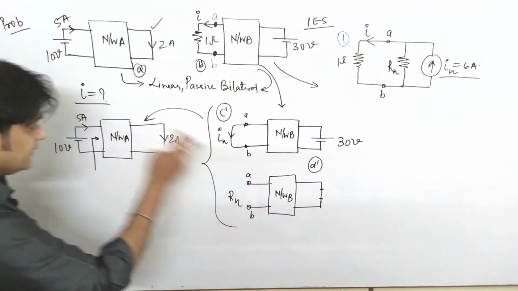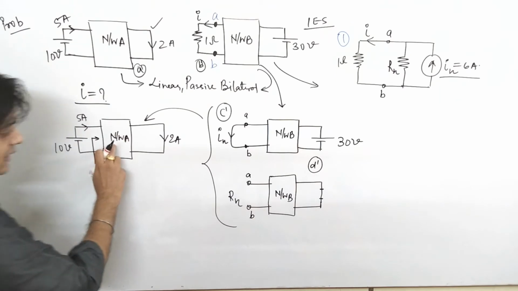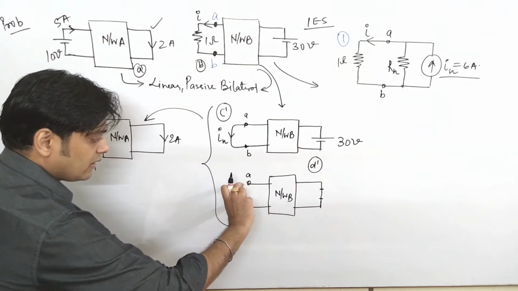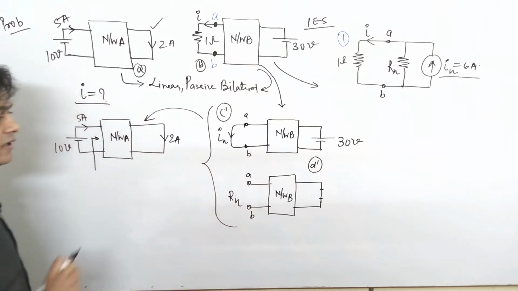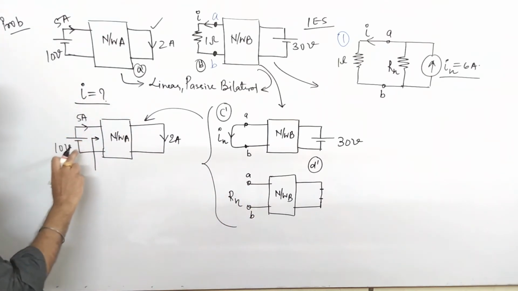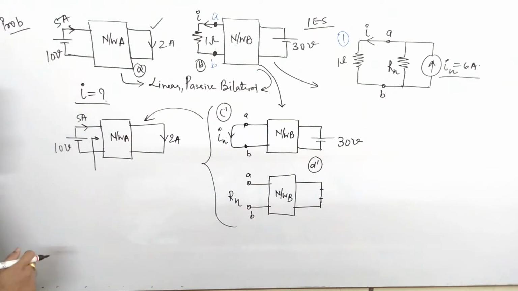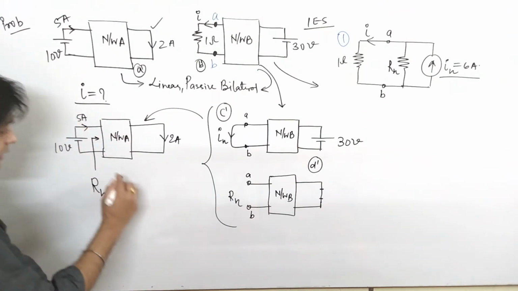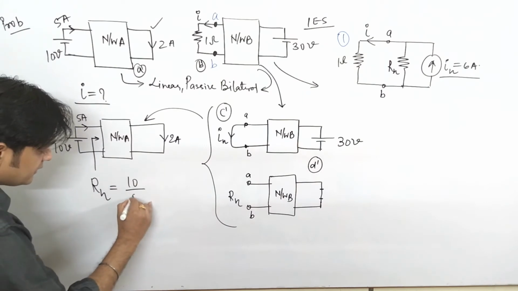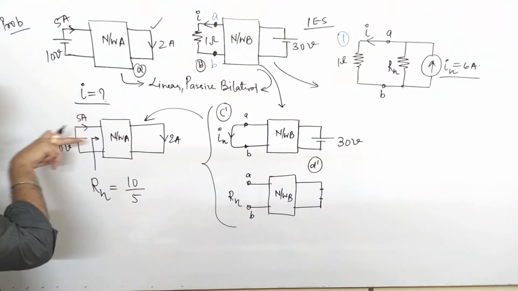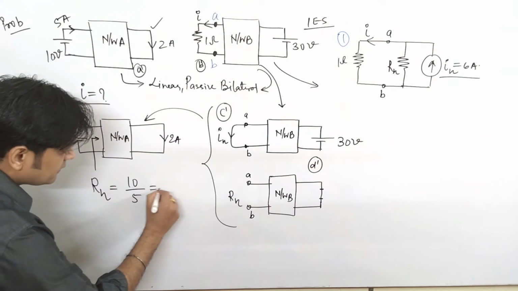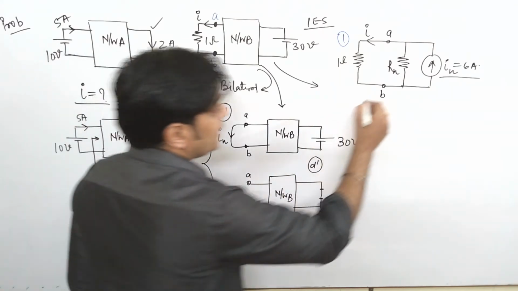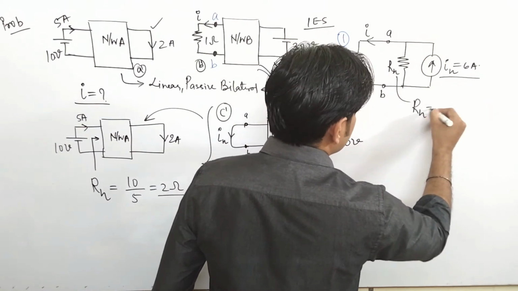Since A and B are reciprocal in nature, what should be the value of voltage and current I have to apply so that this condition is satisfied? The only condition is to find the value of Rn. So Rn is V by I, or you can say 10 by 5. That is the resistance looking from this terminal, and that comes to be 2 ohm.